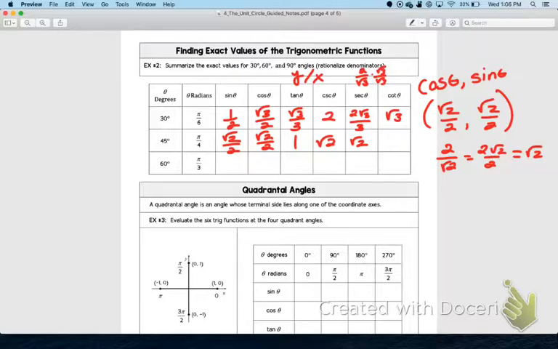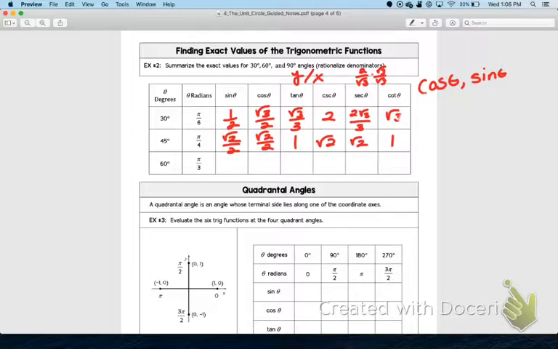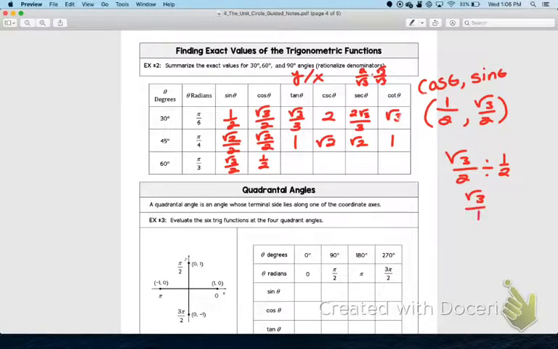And then let's do it for 60 degrees, or pi over 3. So that was at 1/2, root 3/2. So now my y for my sine is root 3/2. My cosine is x, so 1/2. Y over x, so root 3 divided by 1/2 is going to end up being just root 3, right, over 1.